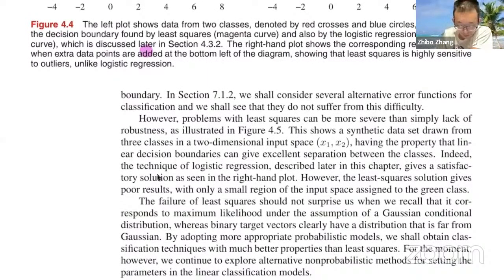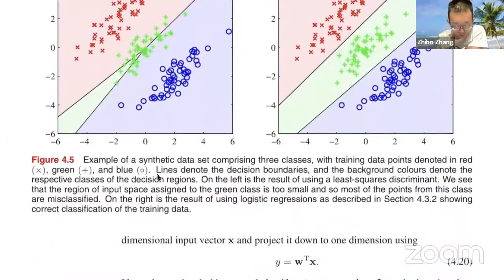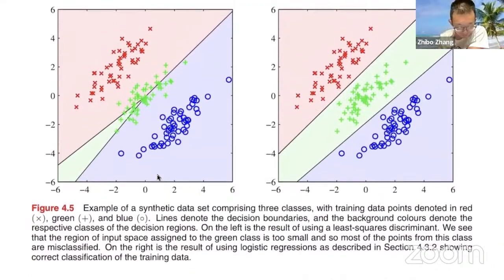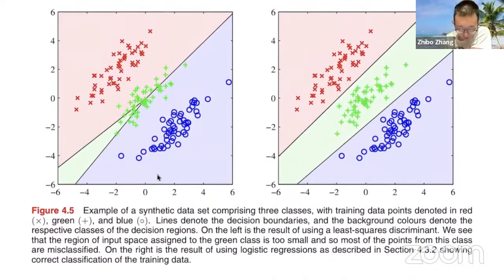However, problems with least squares can be more severe than simply lack of robustness. Let's look at figure 4.5, an example of a synthetic data set comprising three classes. By the way, I really like the visualization in this book.